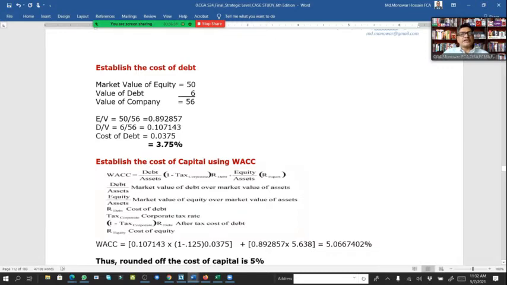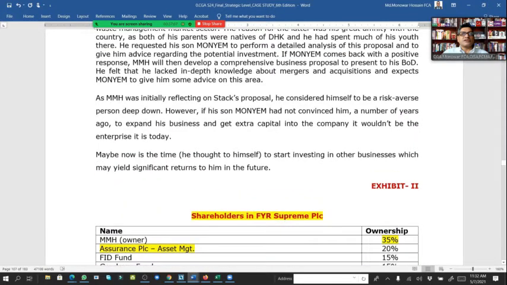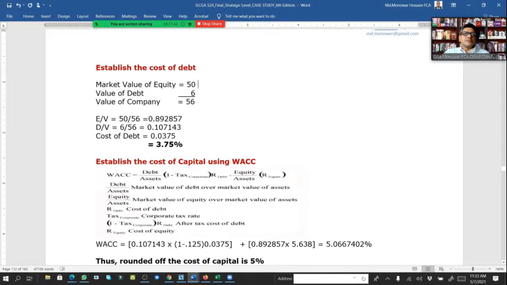So now, establishing the cost of debt. How much is the cost of debt? All data is within the question. Market value of equity is 50, value of debt is 6, value of the company is 56.